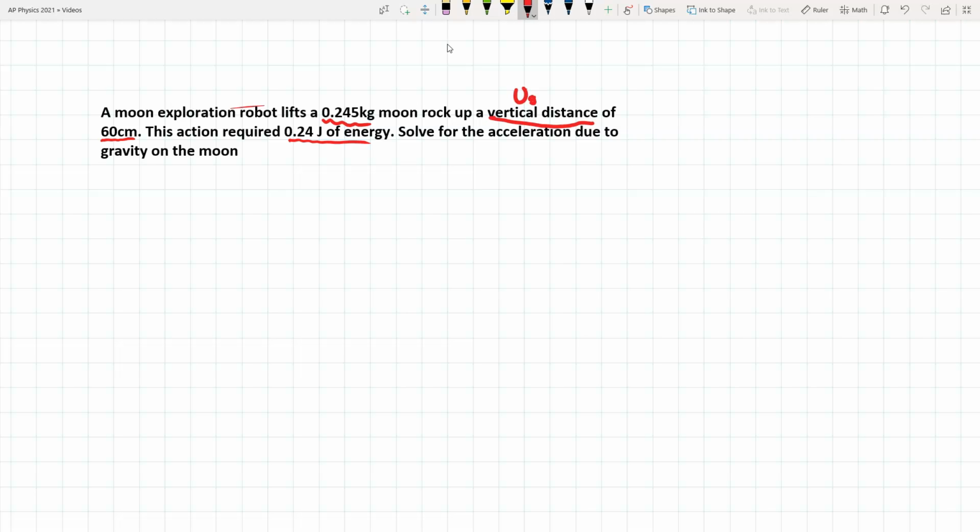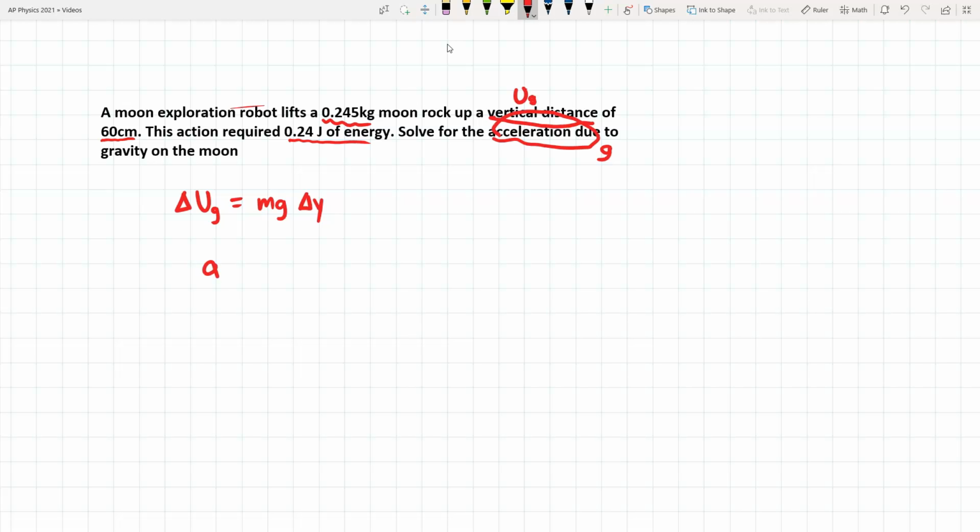So the change in gravitational potential energy is equal to mg times the change in height. We are being asked to solve for the acceleration due to gravity, which is g. So let's isolate that variable first.